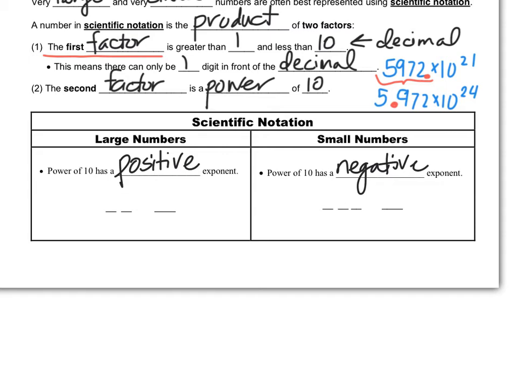So a few examples would be 5 and 7/10 times 10 to the 4th power. That's an example of a number in scientific notation that has positive exponents, and here is a number in scientific notation that has negative exponents, 3 and 42/100 times 10 to the negative 3rd power.